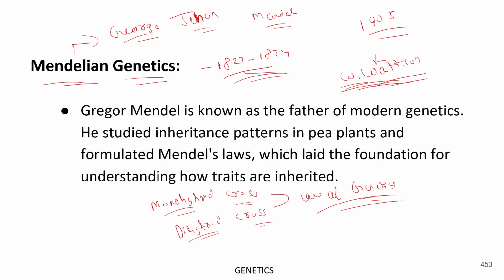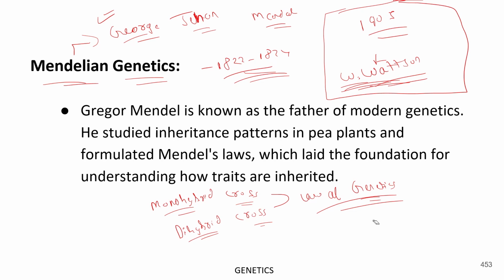This was the irony: the person who discovered it didn't give the name, but the person who was studying it gave the name genetics. So remember one thing, the father of genetics is George Johann Mendel, but the term genetics was not coined by him. It was coined by W. Watson in the year 1905. Got it?